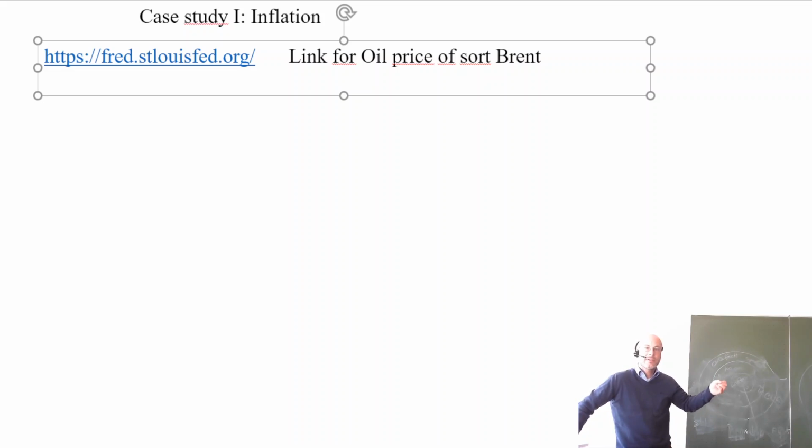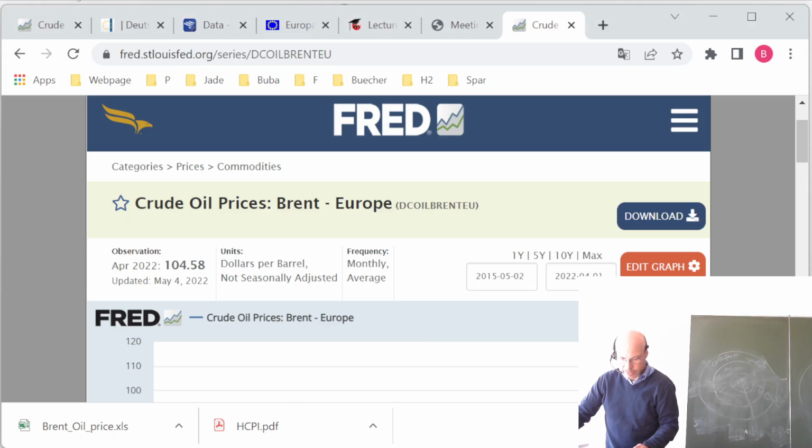This is, of course, not the oil price in US dollar, but the oil price converted by the exchange rate in euro. So for this, we have to convert US dollar into euro, and so we need the monthly exchange rate for US dollar and euro. And where can I get exchange rates?